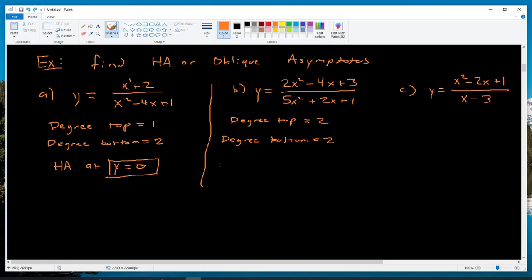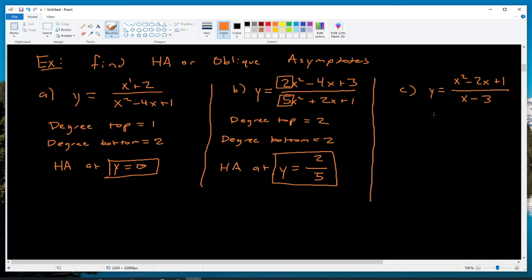And so what we get is a horizontal asymptote at y equals the leading coefficient of the top, the 2 in front of the x squared term, over the leading coefficient of the bottom, which is the 5 over the x squared term. So this right here tells me where my horizontal asymptote occurs.